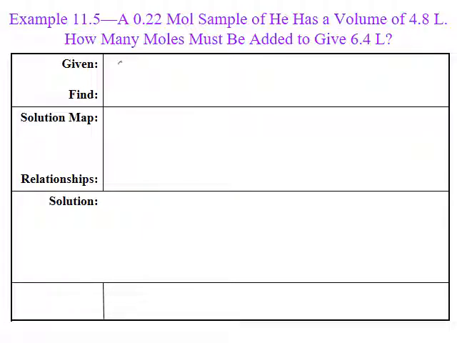So basically I can assume this is my initial condition and this is moles, so I'm talking about n. n is 0.22 moles. Volume is V1, which is given to us as 4.8 liters. And the question is asking how many moles are added to 0.22.